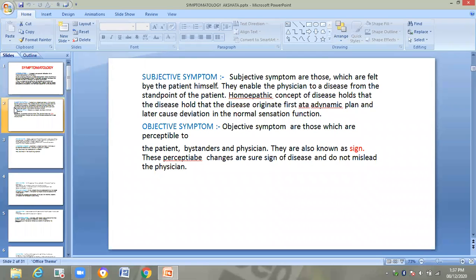So these subjective symptoms are directly near to the mind.